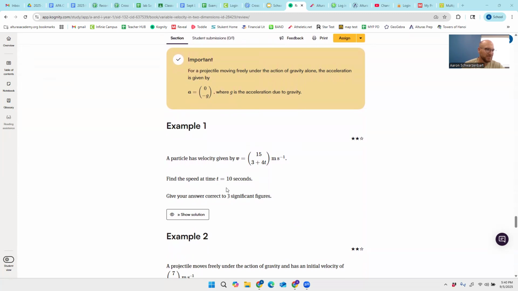So speed, just using the Pythagorean theorem. My velocity at this time is going to be 15, and 3 plus 4 times 10 is 43.